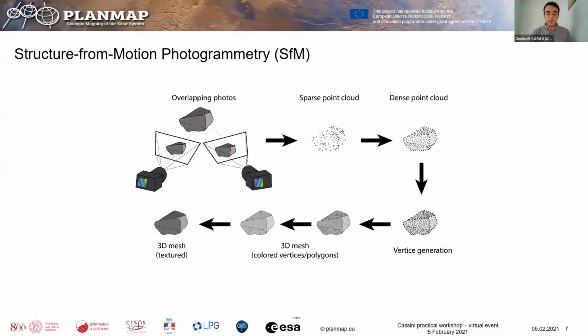So going from these overlapping photos, the software is able to reconstruct a sparse point cloud and then a dense point cloud. These point clouds are just points projected into a 3D space that will reconstruct the shape and form of the object in 3D space.